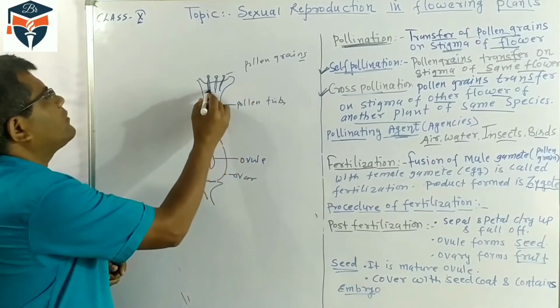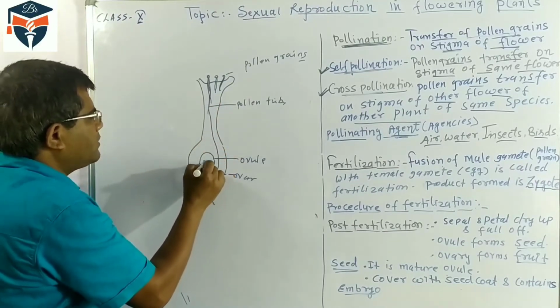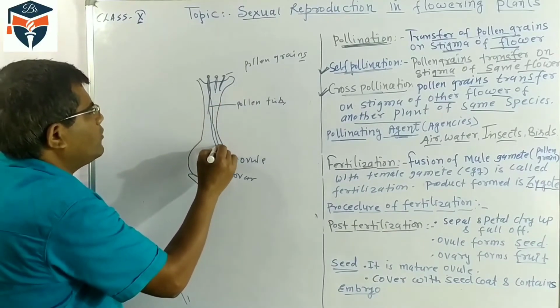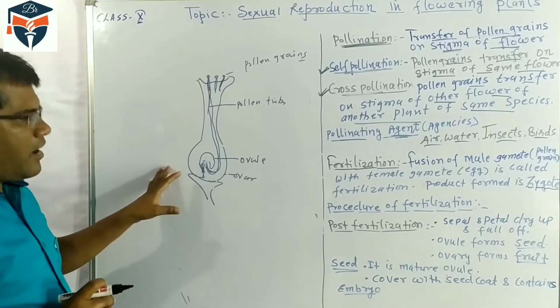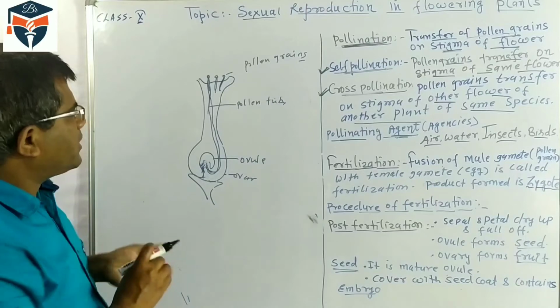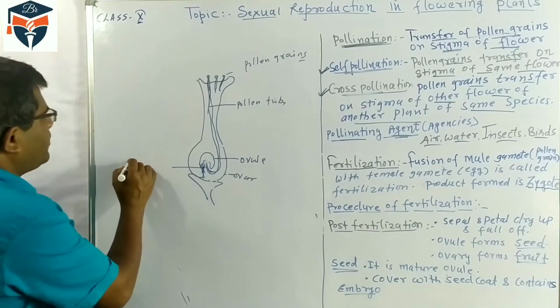This pollen tube now goes and enters inside the ovule. So this is where the entry of the pollen tube takes place inside the ovary. This small pore is called the micropyle region.